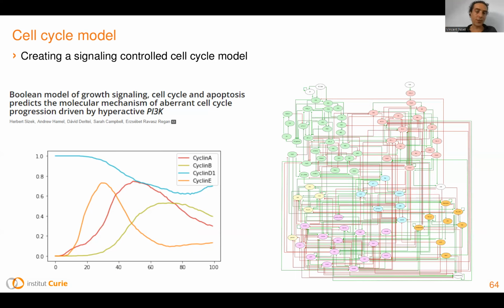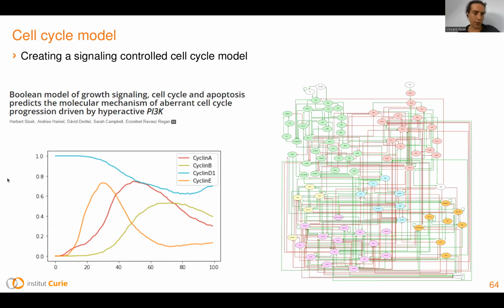So for this, we decided to create a new PhysiBoSS model with, as a Boolean model, a model developed by Sizek and collaborators, which is a model of signaling which controls both the cell cycle and also apoptosis, and to plug it inside the control of a PhysiCell cell cycle model.